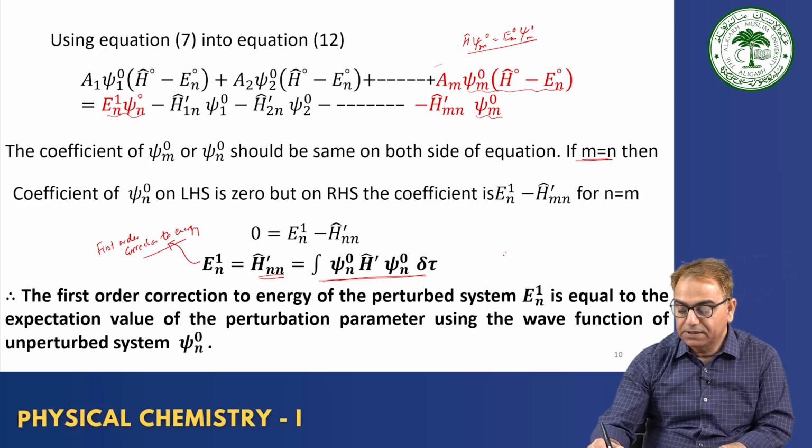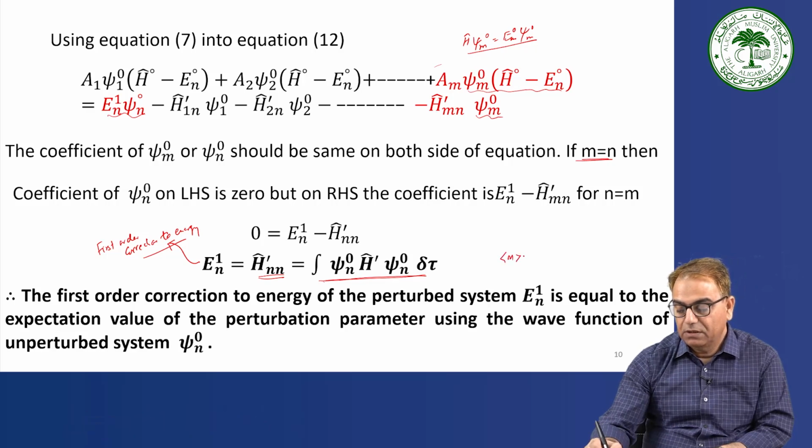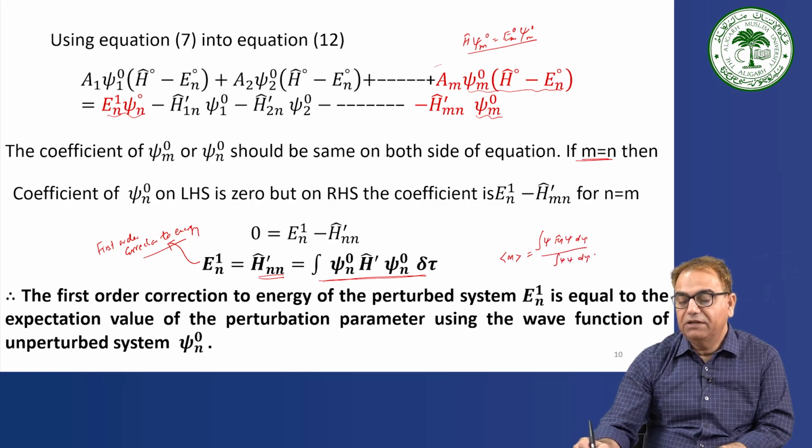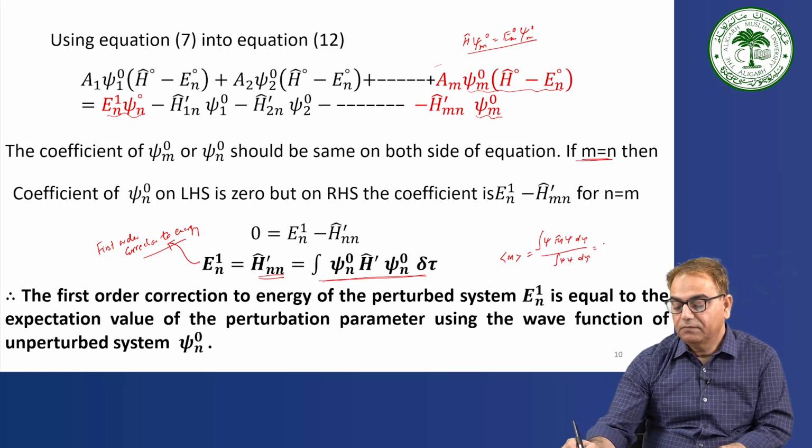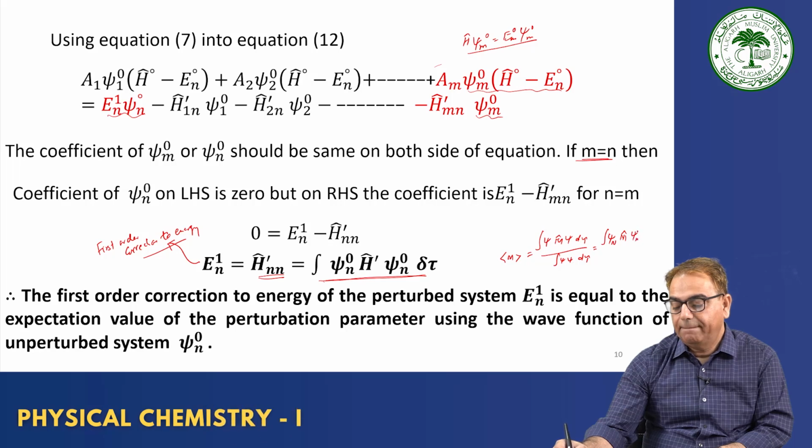If you remember the expectation value postulate, it was the integral of psi star, operator, psi d tau divided by the integral of psi star psi d tau. And if psi is a normalized function, then you write the integral of psi n star, operator, psi n d tau, because the denominator will be equal to 1.